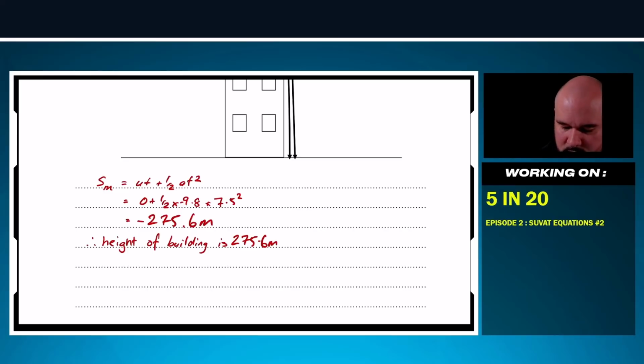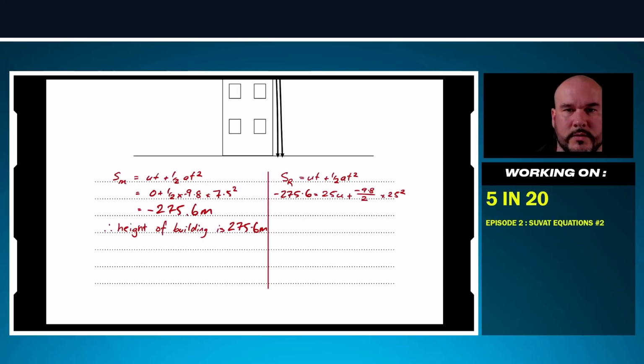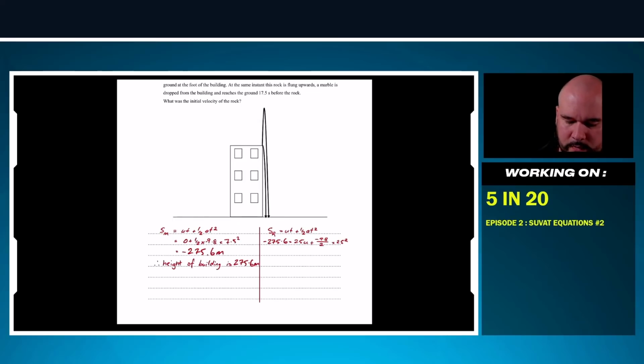The reason why that's useful is that we can use the same equation for the rock. So the displacement of the rock is ut plus half at squared. Now we know that overall it falls 275.6 meters. We really don't care that it's gone up first and then come down. What this value means is how far above or below where it started does it finish?